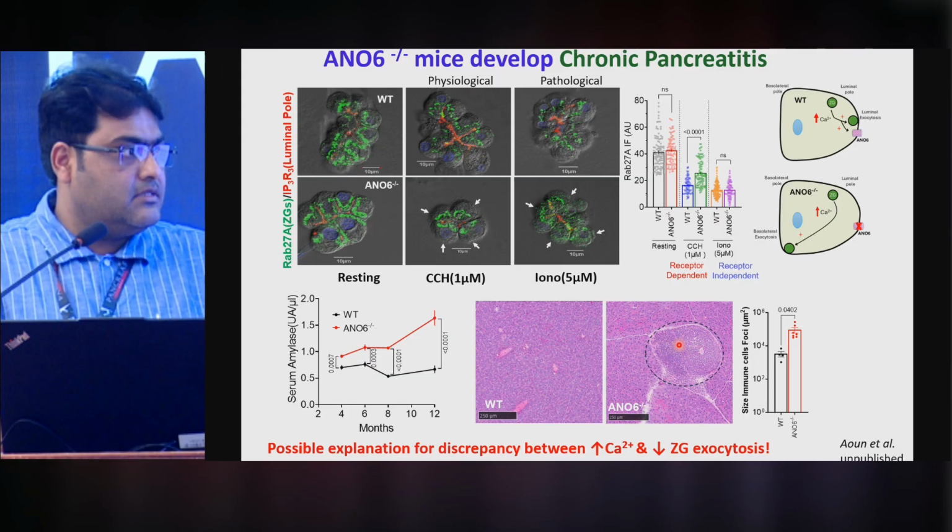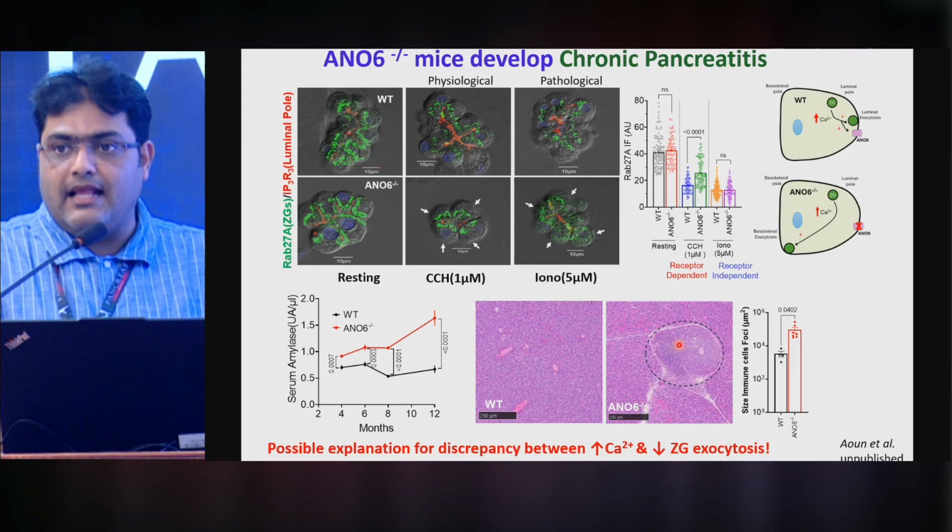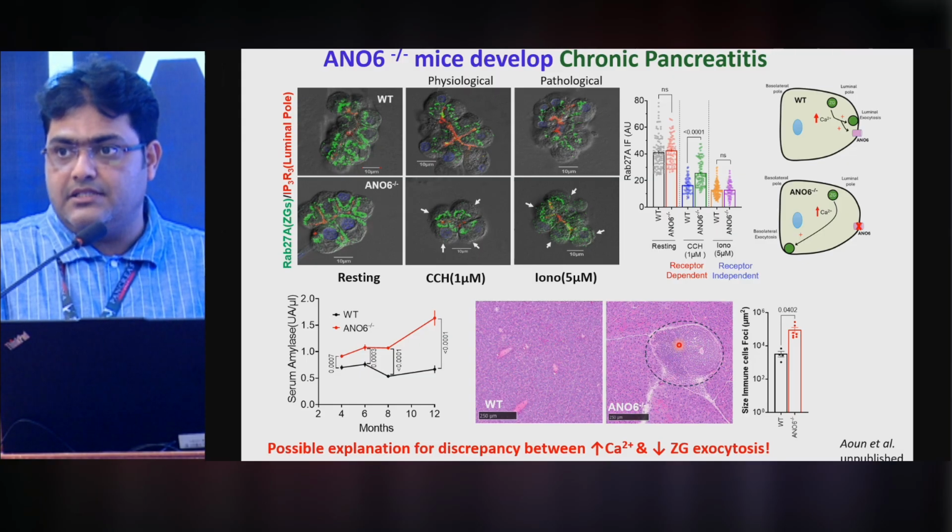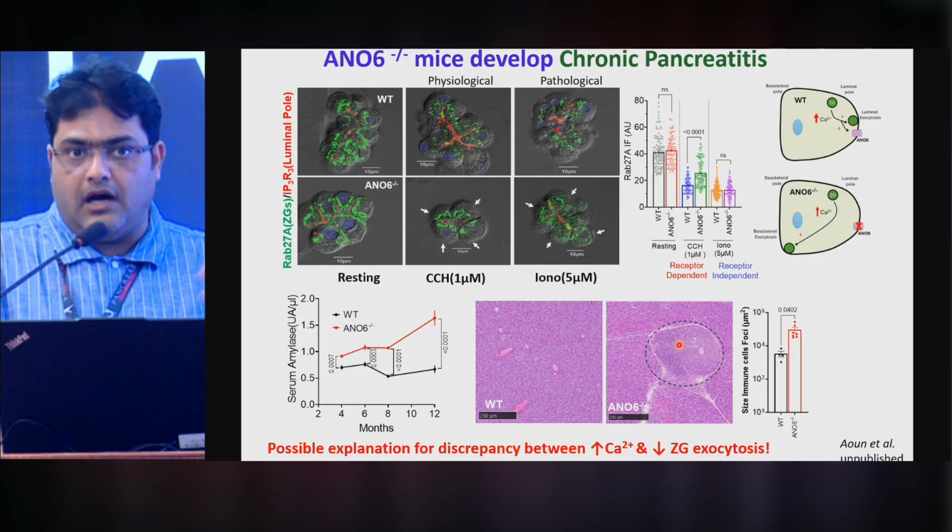So what are the possible explanations for this increased calcium but reduced exocytosis? I still don't have the answer of how these molecular things are happening. We are trying to figure it out.